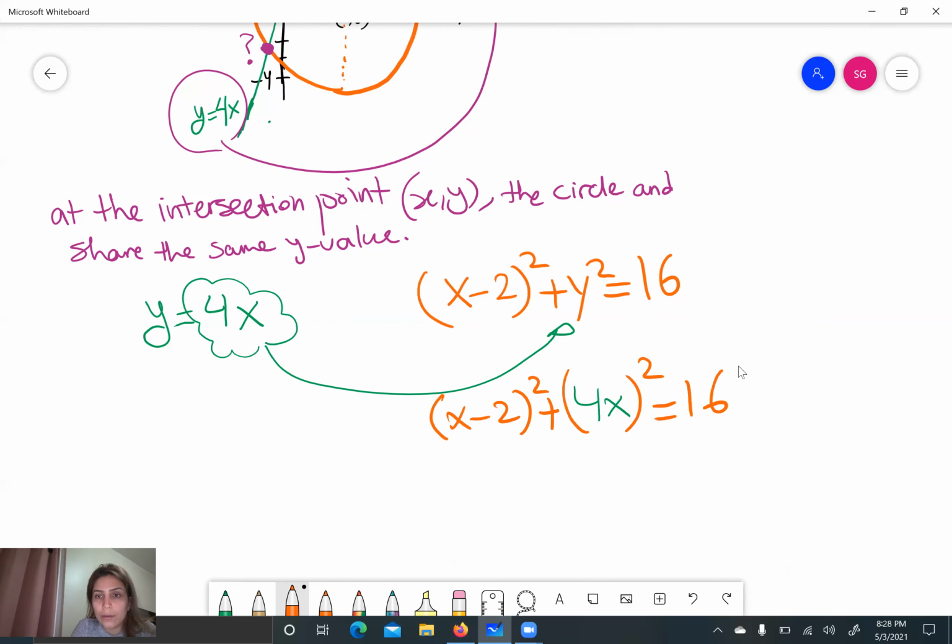So I can substitute the 4x from the line as the y value into the equation of the circle. Then I have one equation and one unknown, so I can solve it for x, you see?